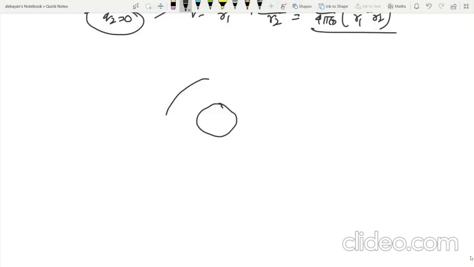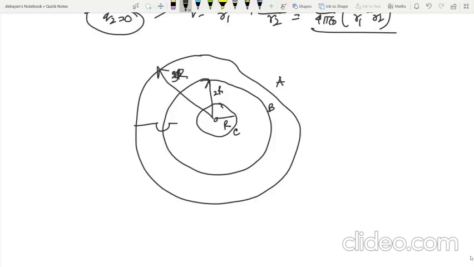This A and C are connected, and the cell B is given charges 2q and minus q on B and C respectively.